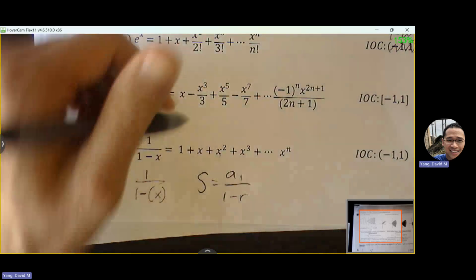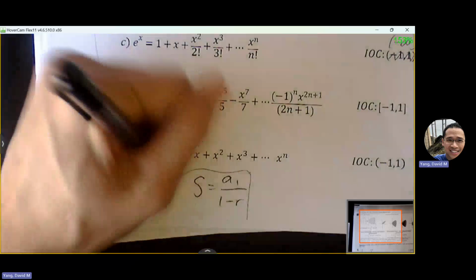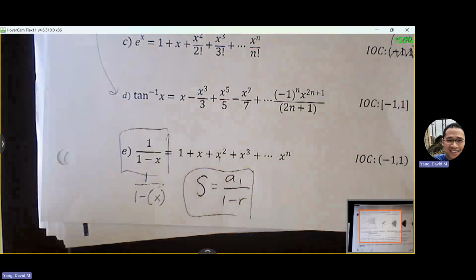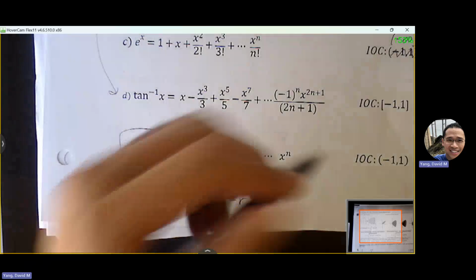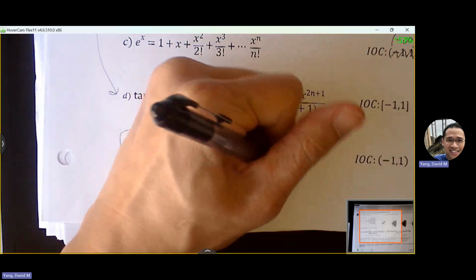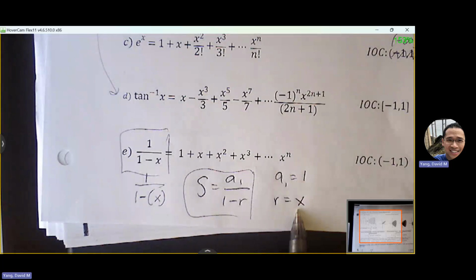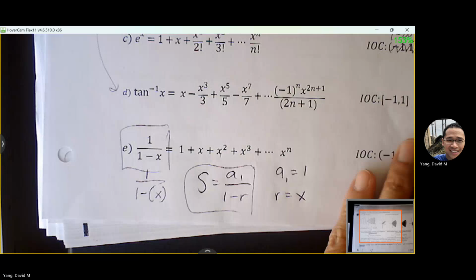All right, so the connection with this is to understand that it's basically a geometric power series. Your a sub 1 is 1 and your ratio is x. And you're just starting here and you're going to keep multiplying by x to get to the next term.